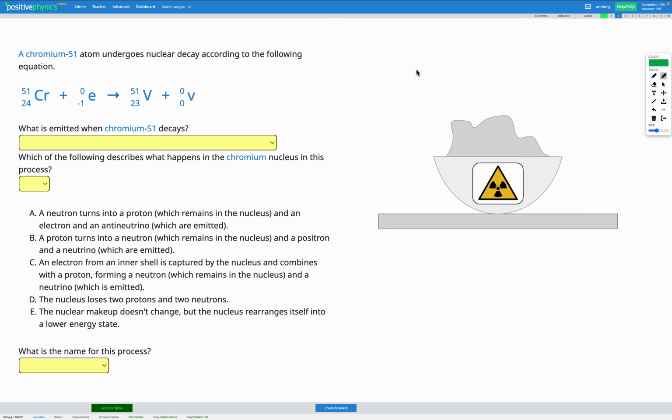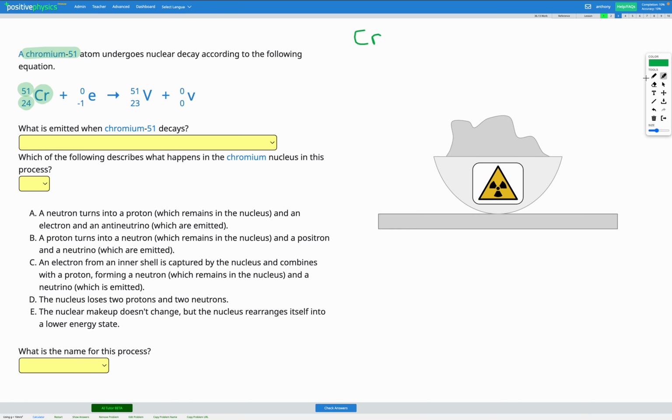In this question, we have a chromium-51 atom undergoing nuclear decay according to the following equation. Again, let's go through and analyze our equation. So we're starting out with this chromium atom here. And we can see we have an atomic number of 24 and a mass number of 51.